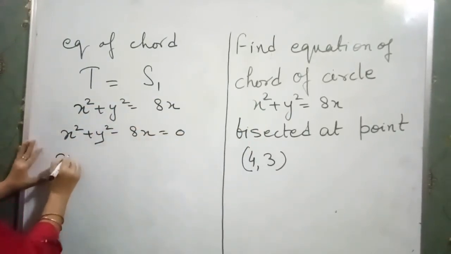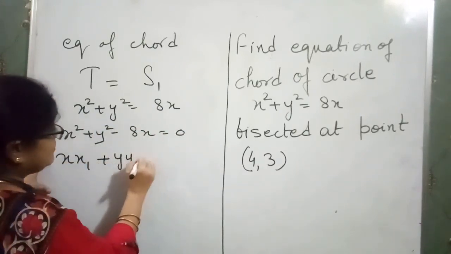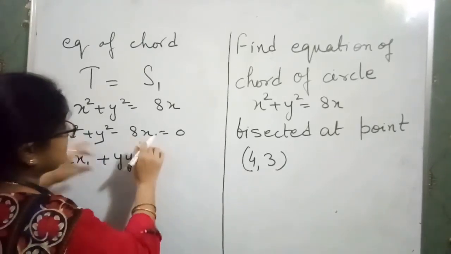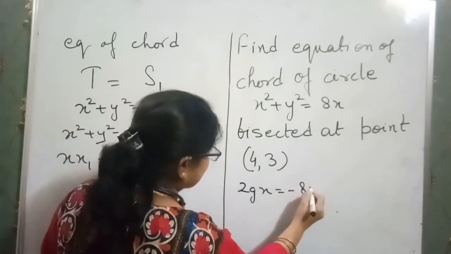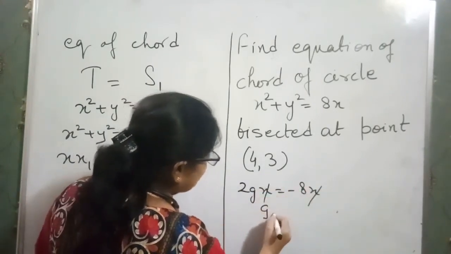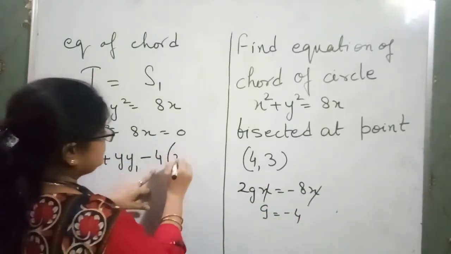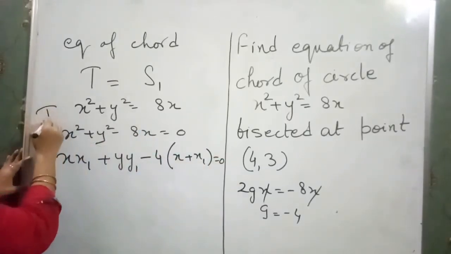Now, the equation of tangent is x(x1) plus y(y1) minus 4(x plus x1), comparing 2gx with minus 8x, we have g is equal to minus 4. So I have written here minus 4(x plus x1) is equal to 0. So this is the equation of tangent.